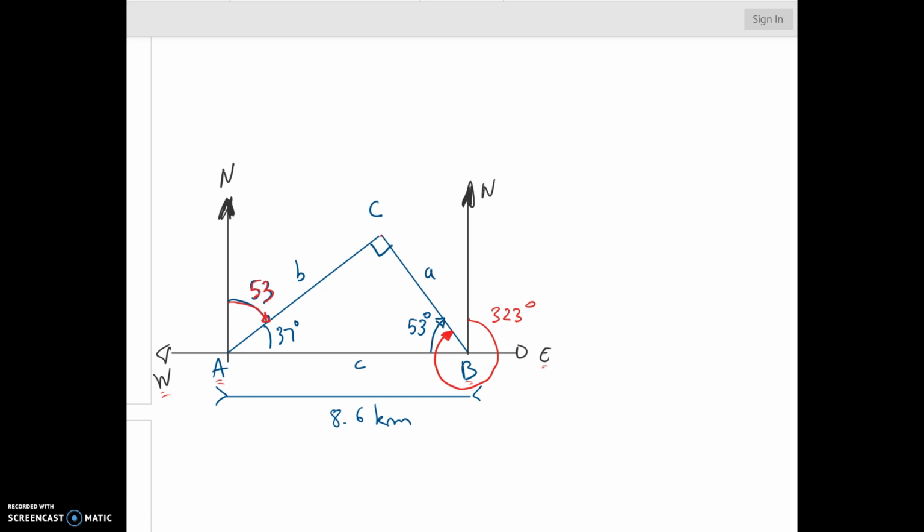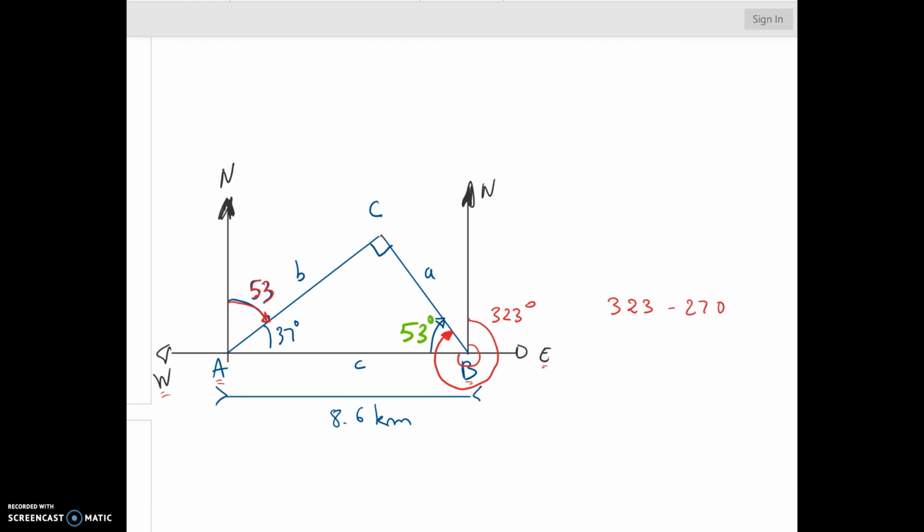So it's going to be very easy for me to define this angle right there. What I notice in blue, I'm going to rewrite this angle in green. Why is it 53 degrees right here? It is 53 degrees because 323 minus 270 degrees, knowing that 270 degrees will be right there.